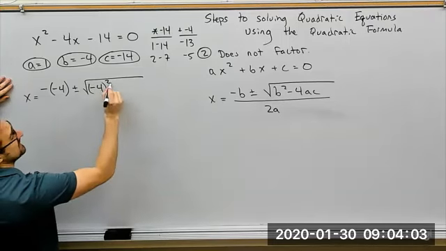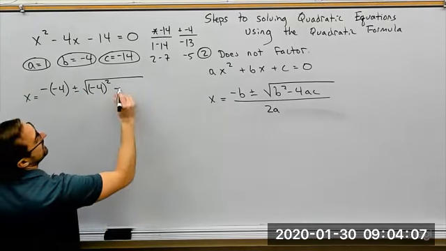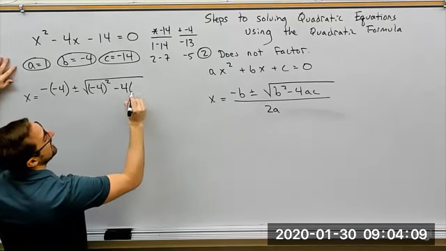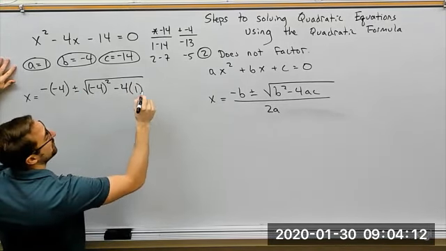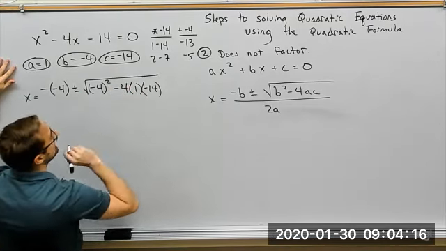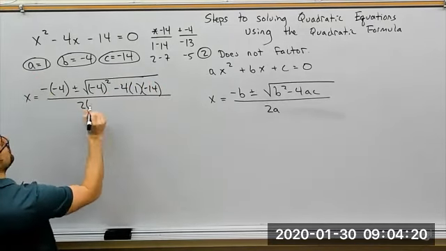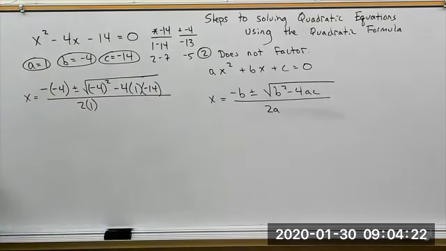Use parentheses. That is negative 4 squared. Minus 4 times A. What's A? A is 1. Use parentheses. C is negative 14. Use parentheses. Divided by 2 times A. What's A? 1. Use parentheses. All right? When substituting, use parentheses.